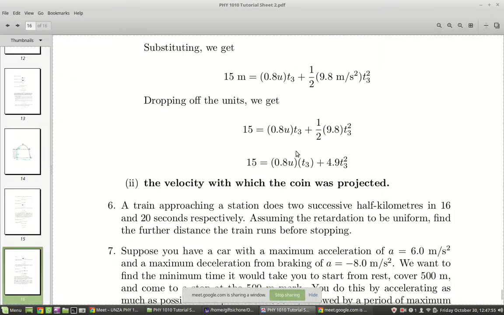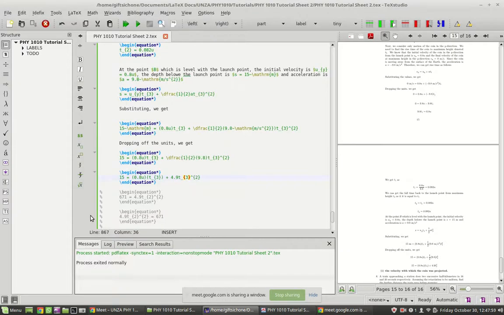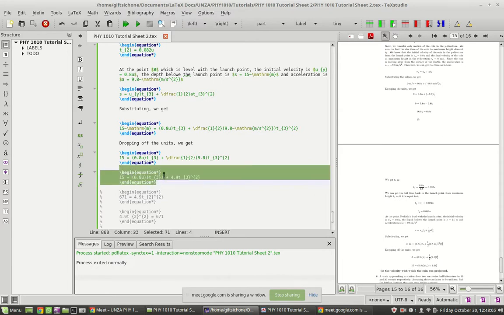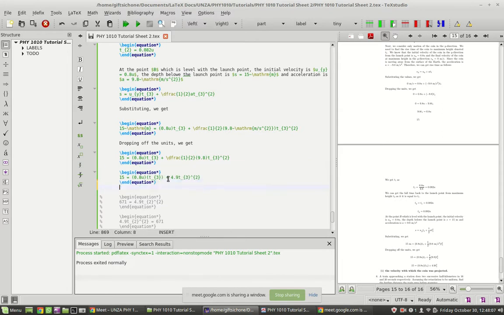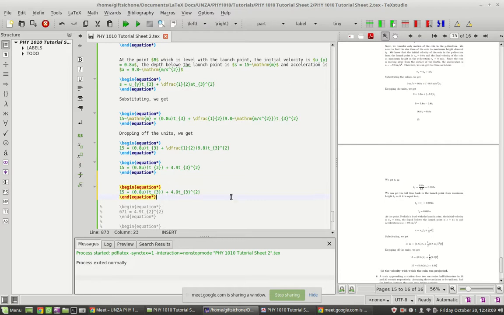Okay, so this is what we get. If you write that properly, we get a minus 15 somewhere, equals 0.